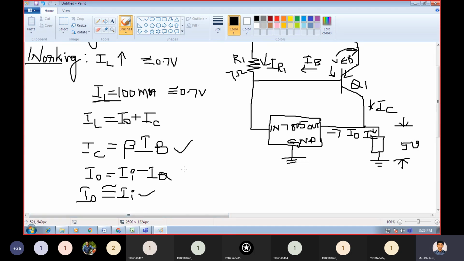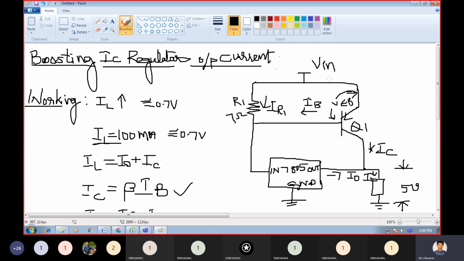If the transistor is in the off state, or if the IQ value is small, this is almost equal to II only. Or else you need to take it like this also. This is the II value, right?